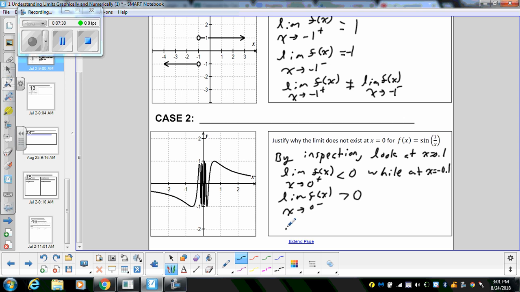So therefore, the limit does not exist. Now this case is called oscillating behavior. It's jumping from positive to negative, and not actually just flowing, just jumping up and down at a really fast heart rate.